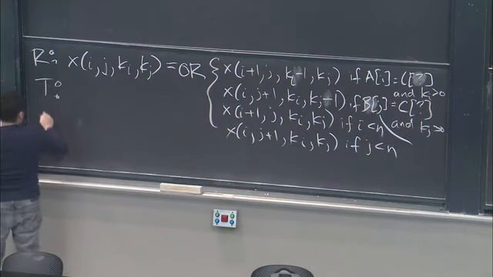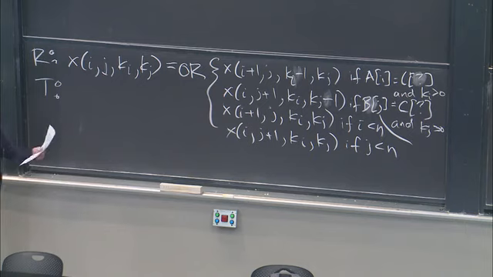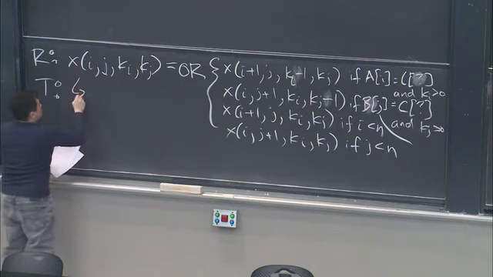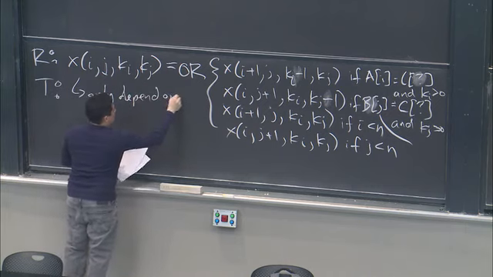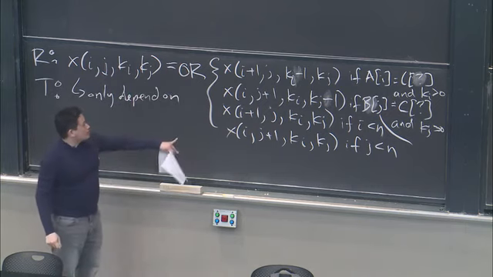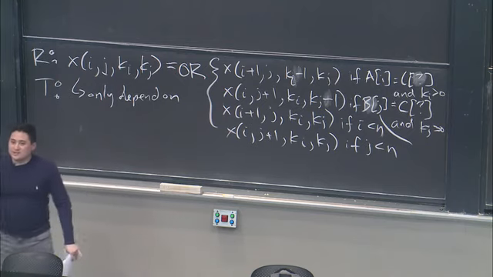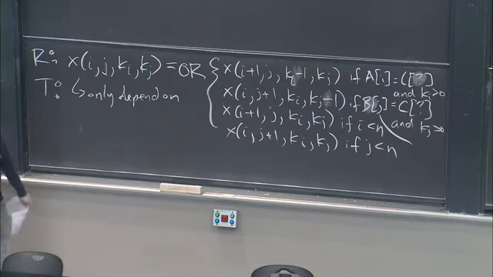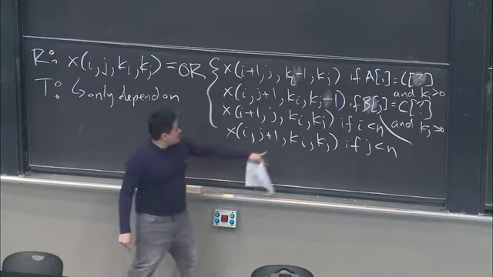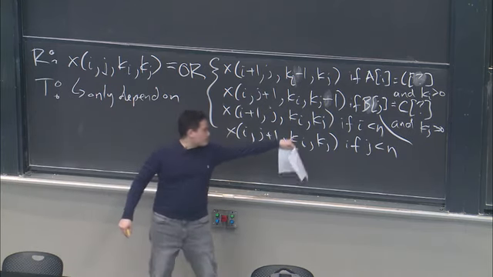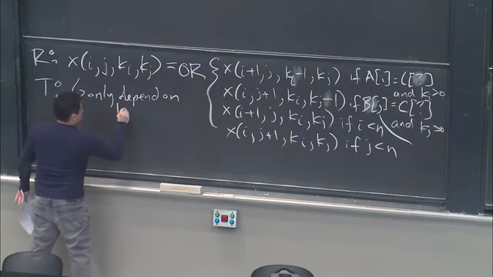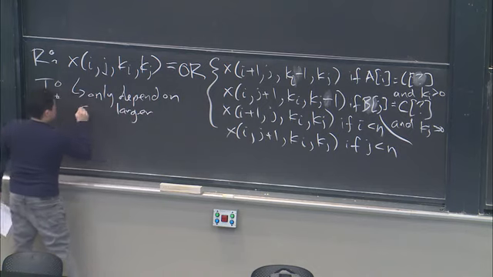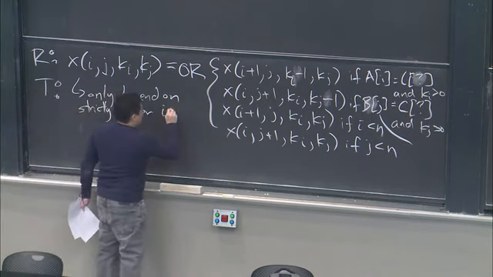So fun recursion, topological sort, right? These subproblems only depend on what? Larger i? Not quite. Larger j? Not quite. Changing k or d, these don't even change here. So we're going to depend on larger, I guess strictly, that's kind of an important thing, i plus j, right?